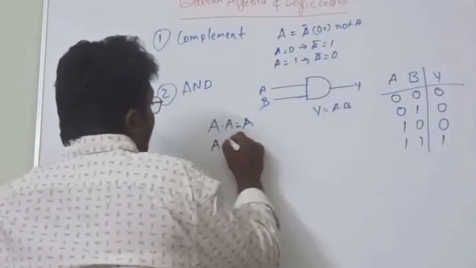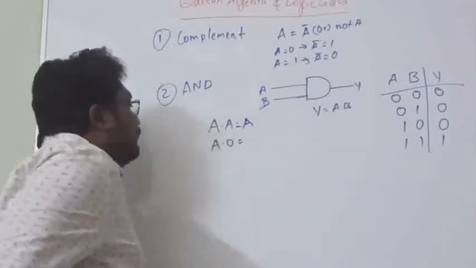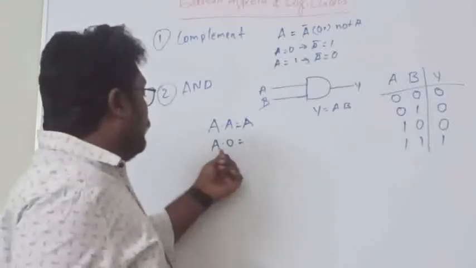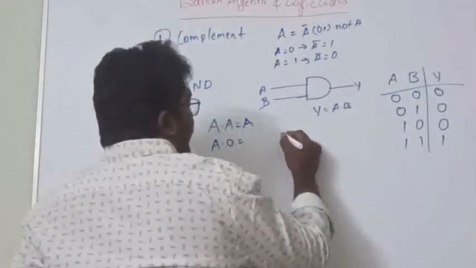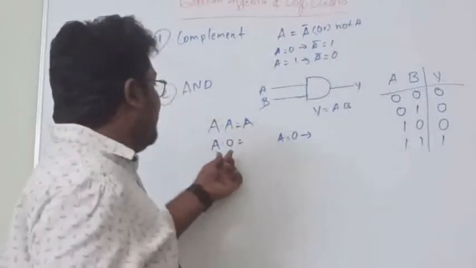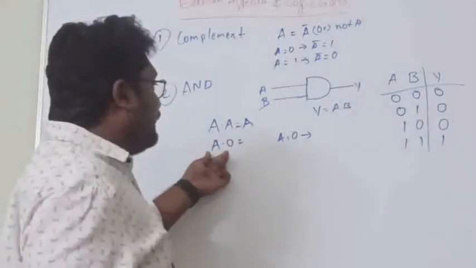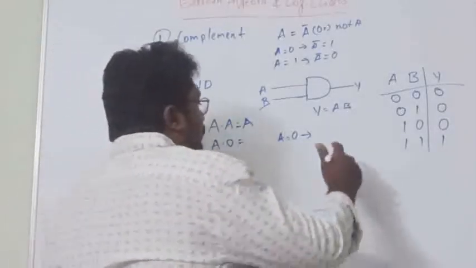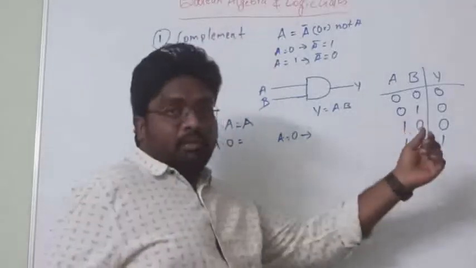And the next one is A and 0. If we take A equals 0, let us see the truth table.